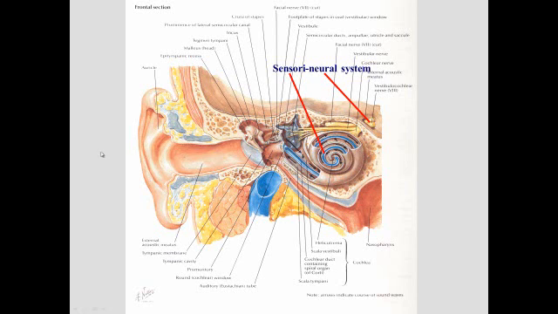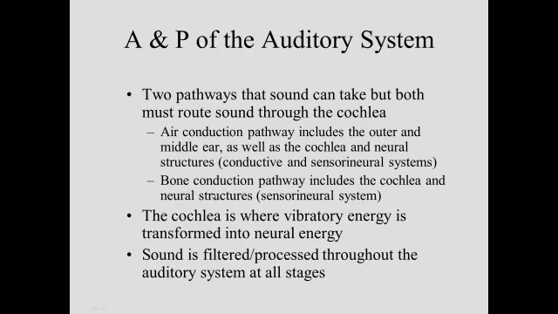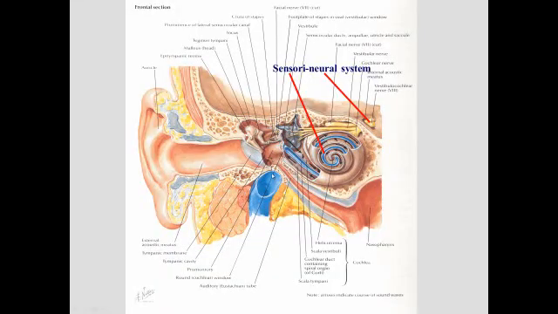And so the air conduction pathway is the pathway that is stimulated by an airborne sound wave that initiates inner ear activity as the sound wave is sent through the middle ear space. The bone conduction pathway is arrived at by stimulating directly the inner ear.